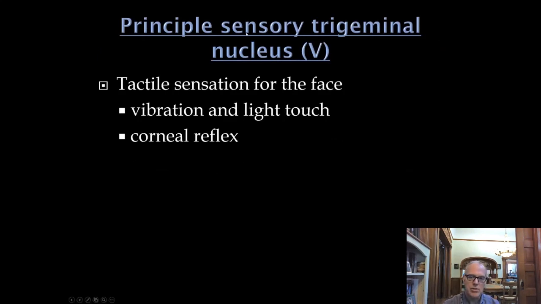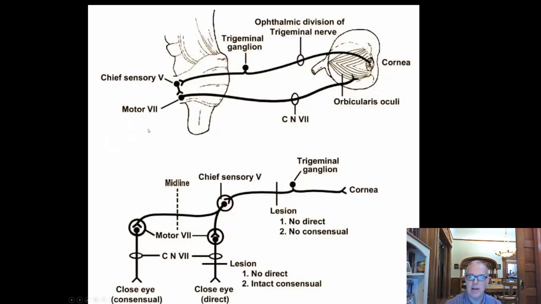Now, the principal sensory trigeminal nucleus is tactile sensation for the face. All right, and so not pain and temperature, but vibration and light touch would be sensory modalities provided by the principal sensory trigeminal nucleus. And really important that you link the principal sensory trigeminal nucleus with the corneal reflex.